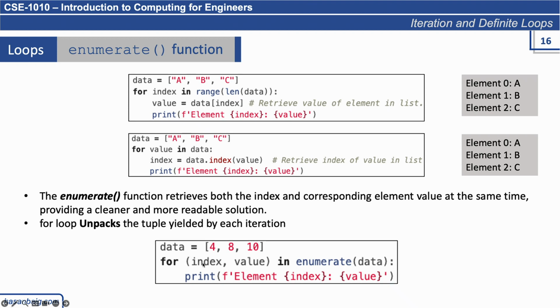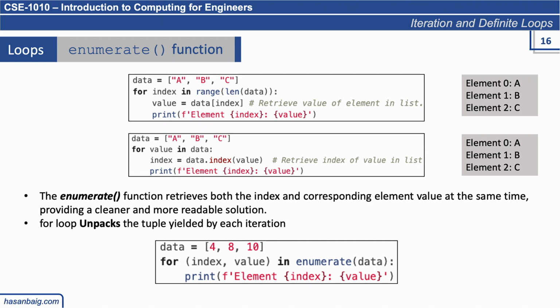So the index comes first and the value comes next. Okay, these are again the variable names. You can give any name to these. I have chosen index here and value here, just to make things clearer. So when the enumerate function executes, it will retrieve the first element.